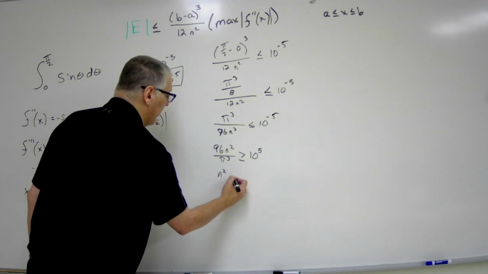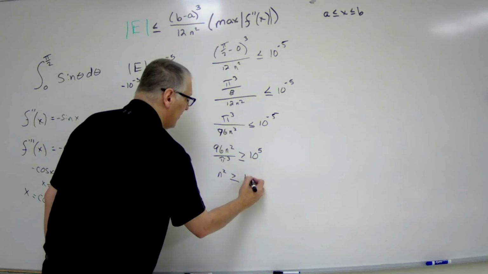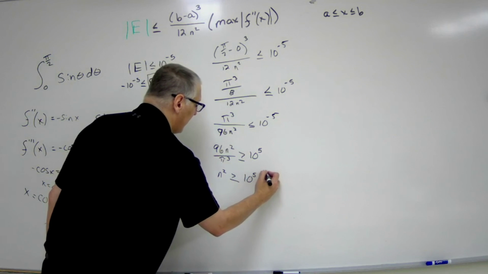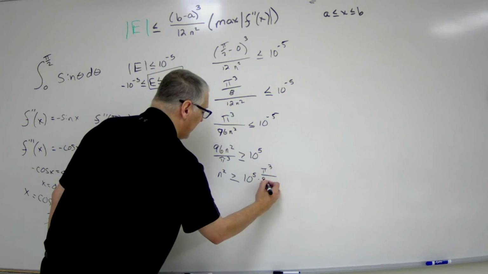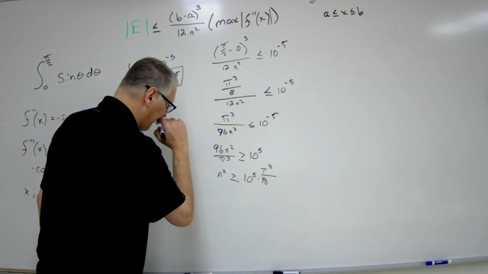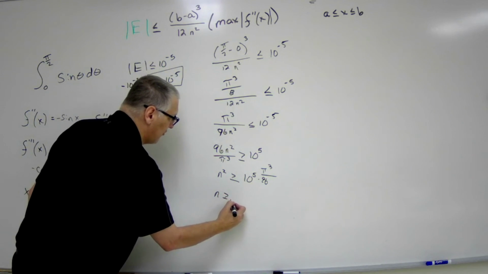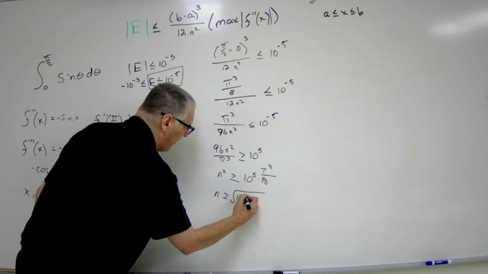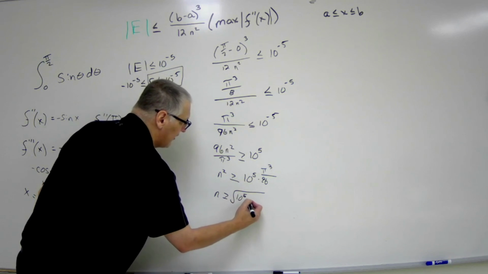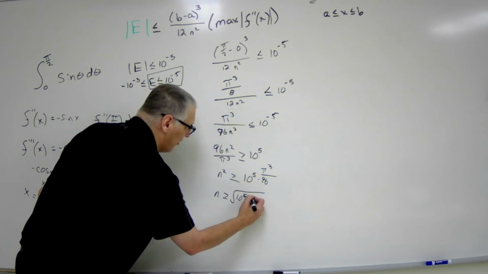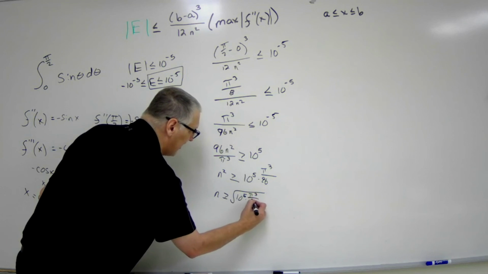N squared is greater than or equal to 10 to the 5th times pi cubed over 96. N is greater than or equal to the square root of 10 to the 5th power times pi cubed over 96.